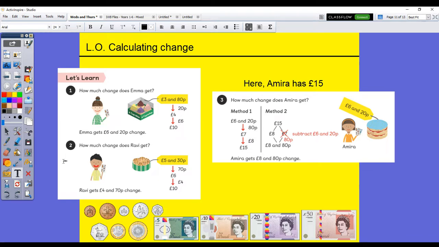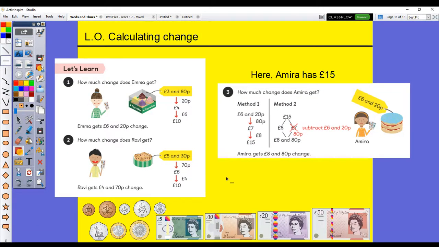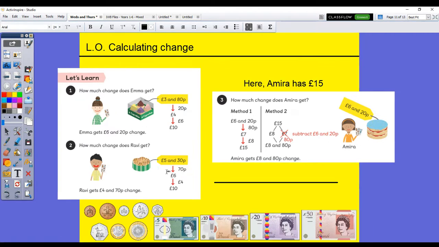Okay, so I'll show you Ravi's one on a number line. His cookies, I think they are, were £5 and 30 pence. How much change would he get from £10? So we're using the counting up strategy here. So £5 and 30 pence.